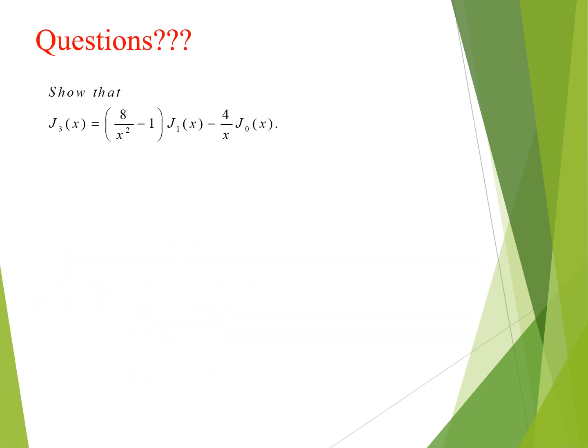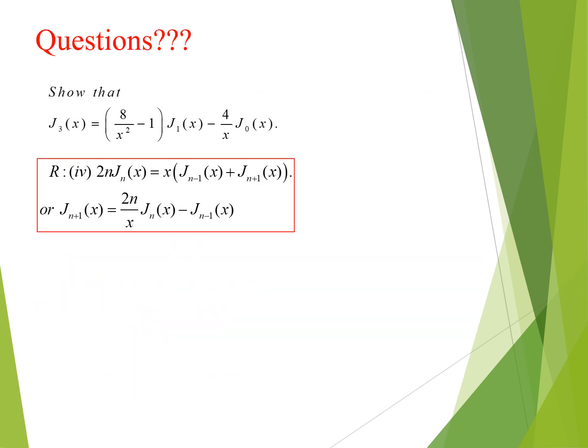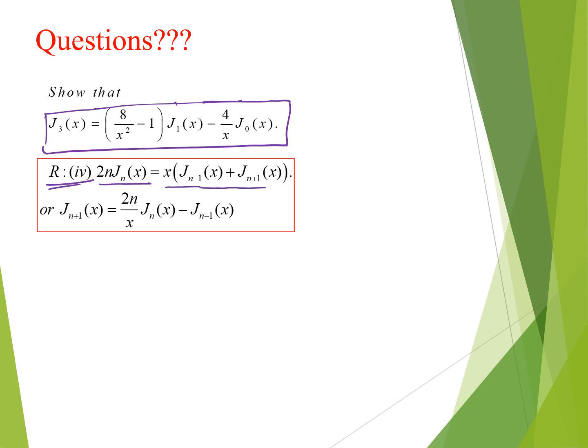Now to show that J3 of x is equal to this, the fourth recurrence formula is 2n Jn is equal to x J n minus 1 plus J n plus 1, or J n plus 1 is equal to 2n by x Jn minus J n minus 1.